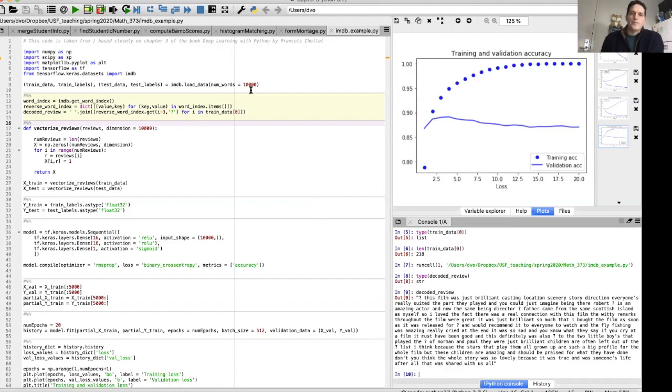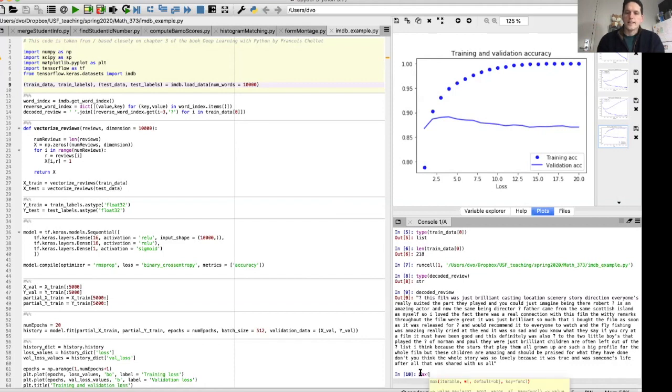And let's look at, what does this number 10,000 mean? That means that in all the movie reviews that appear in our training data, we're only going to keep the 10,000 most popular words, and the other less popular words are just going to be omitted from the training data. So let's see that.